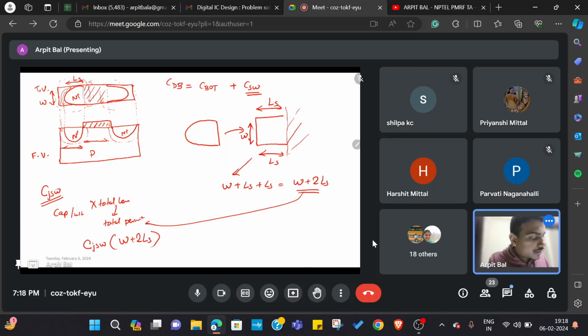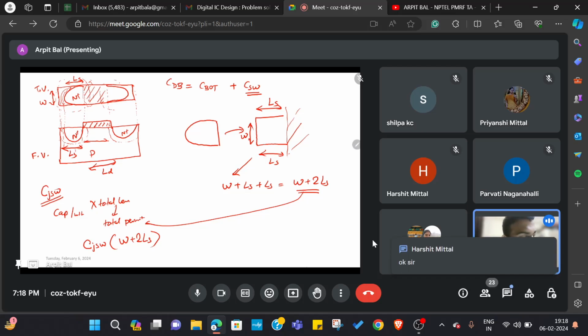That is this particular length, which we actually denote as LS. And this to this is called the drawn length, LD. So don't get confused between the two lengths. While solving the capacitance, just remember that we are talking about this length and not the channel length.